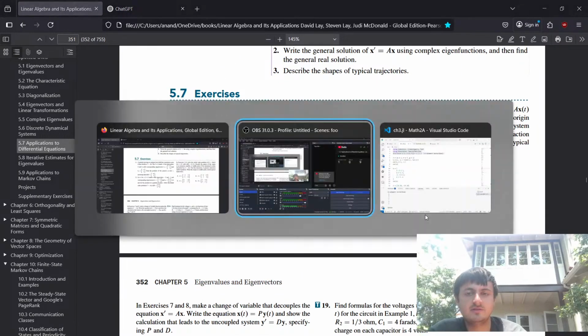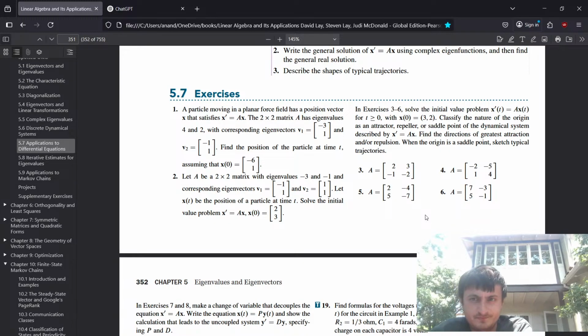Now we can read through the exercises. The 2 by 2 matrix A has eigenvalues 4 and 2.